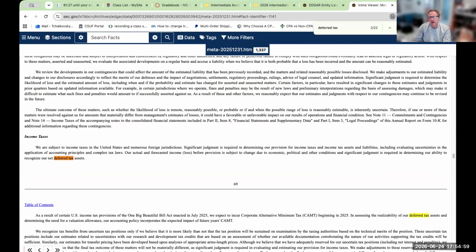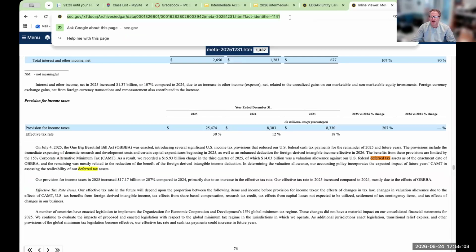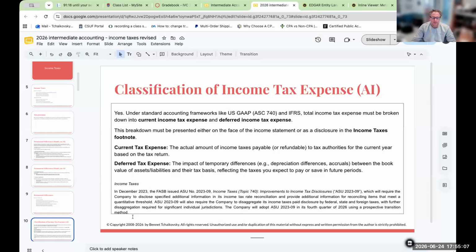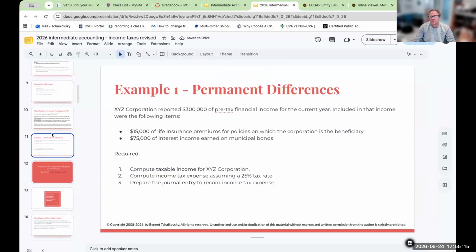But again, there's a lot of disclosures here for you to spend the time on and take a look at. Again, I will include this link in sharing with you so you can look at this on your own. Okay, so let's go ahead and go to our first example.